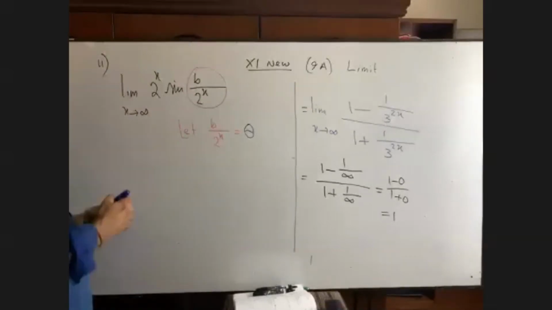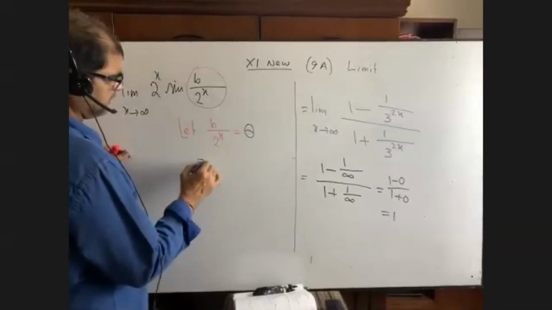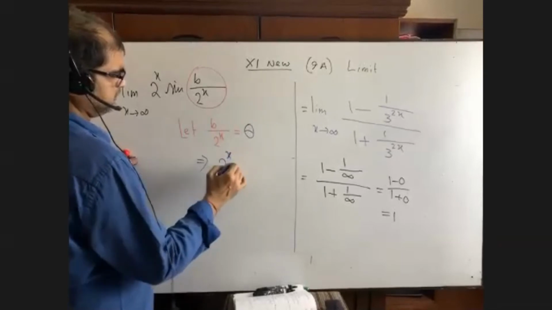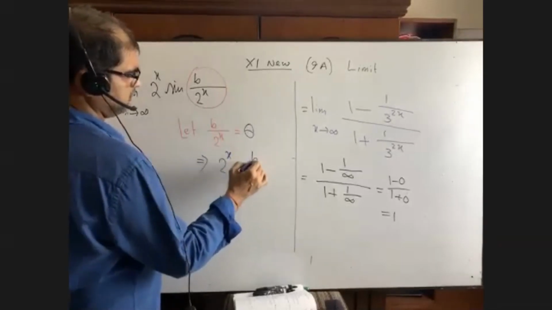Now you see, from here we can write 2 to the power x is equal to b by theta.